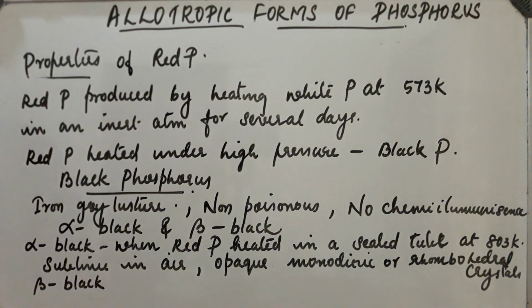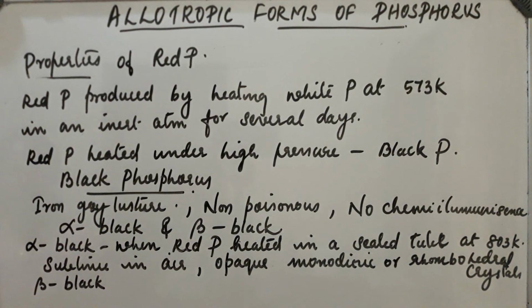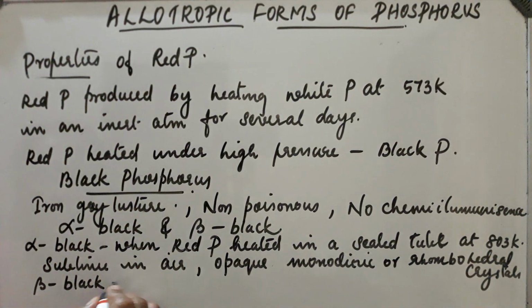What about beta black? Beta black is prepared by heating white phosphorus at 473 Kelvin under high pressure.